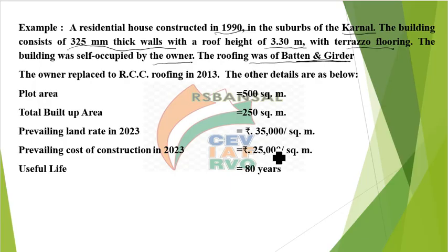The owner replaced it with RCC roofing in 2013. The other details are as given below. Plot area is 500 square meter, built up area 250 square meter, prevailing land rate in 2023 is 35,000 per square meter, prevailing cost of construction in 2023 is 25,000 per square meter, useful life 80 years.